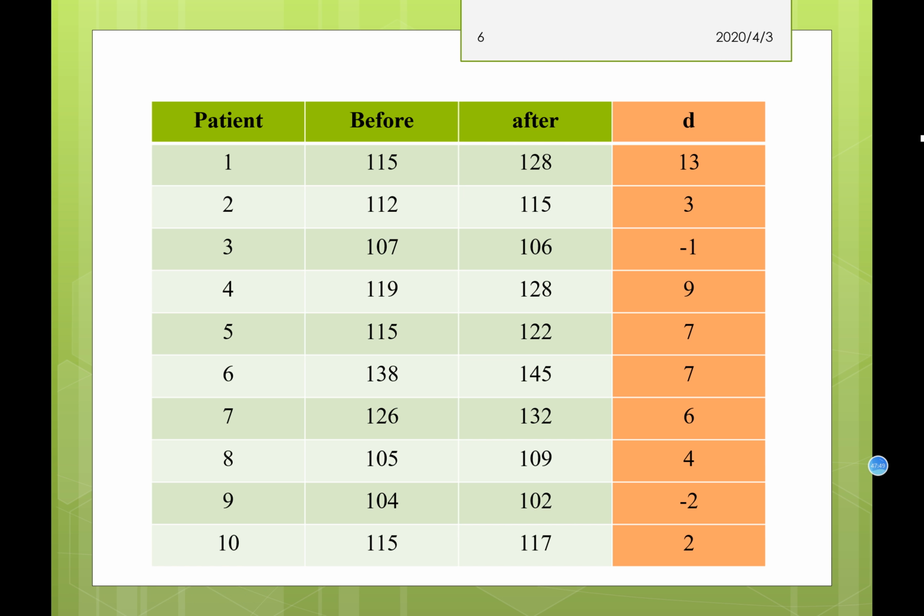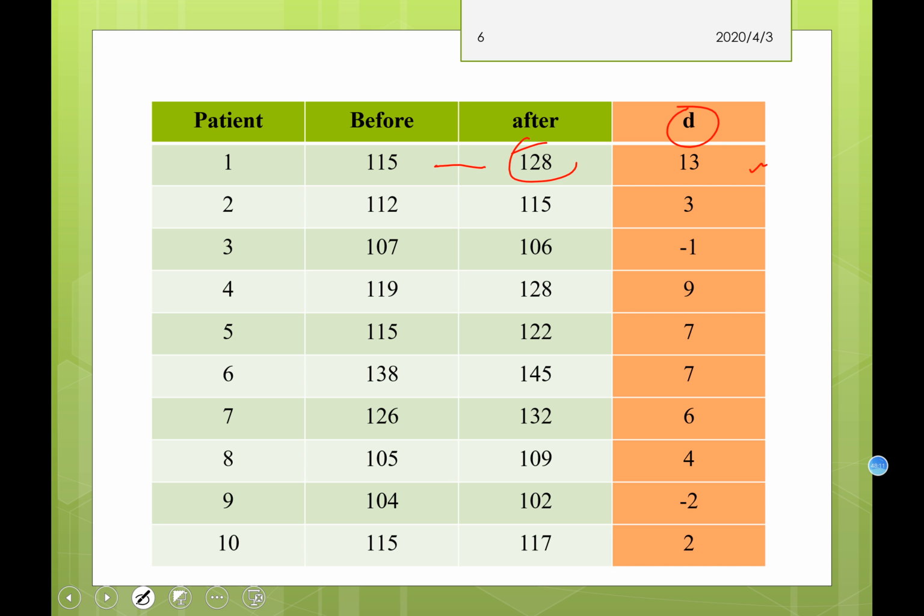For example, here we use d, the little d, to represent the difference. And you can use before minus after, and you can also use after minus before. For example, here I use after minus before, and we get the difference.